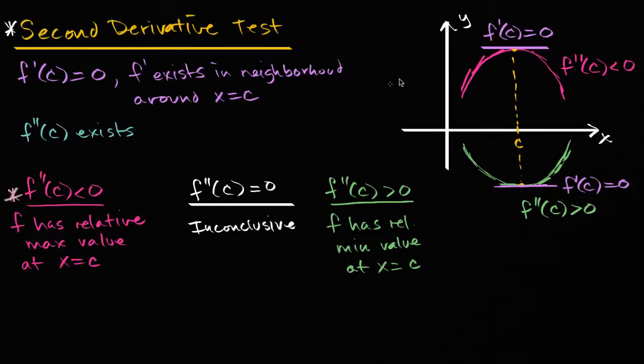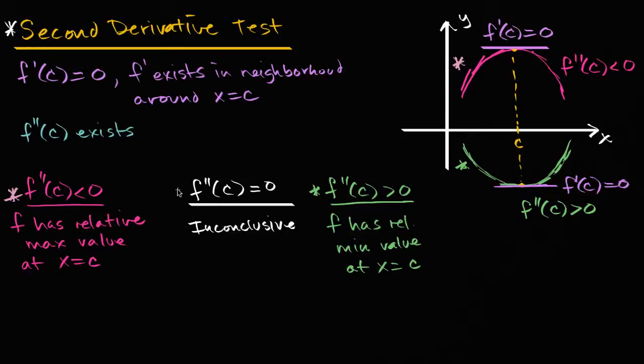This is the situation that we started with. If our second derivative is greater than 0, then we are concave upwards. Where the slope is 0, that's the bottom of the bowl. We have a relative minimum point. And if our second derivative is 0, it's inconclusive. We don't know what is actually going on at that point. We can't make any strong statement.